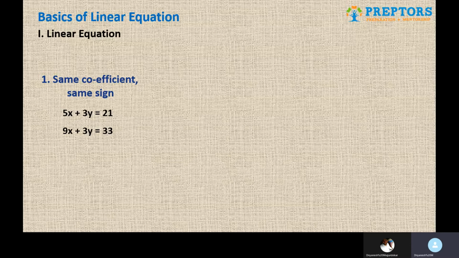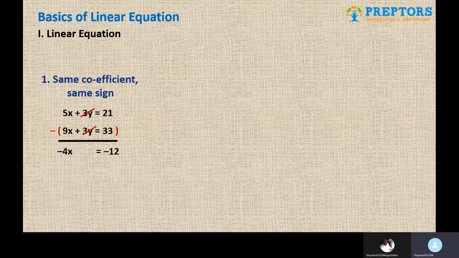So how do we solve such equations? Obviously, you subtract one equation from the other equation. When you do that, y will get cancelled out, and you will be left with x. I'm not giving more focus here on the solving part or the value part. The main part which is more important is the process or the steps that you need to remember to solve such kinds of equations.